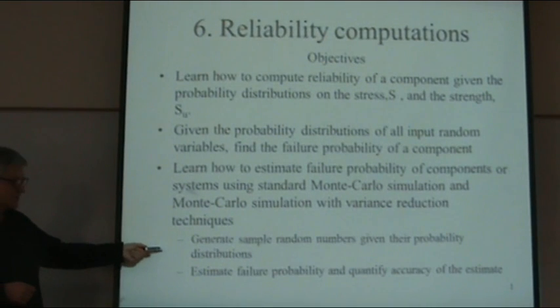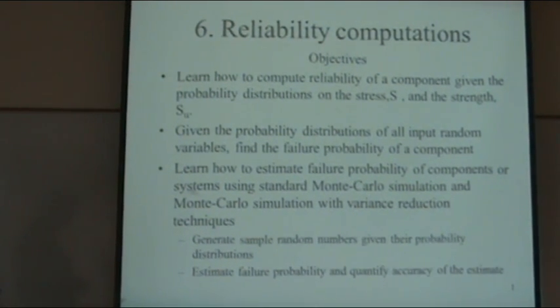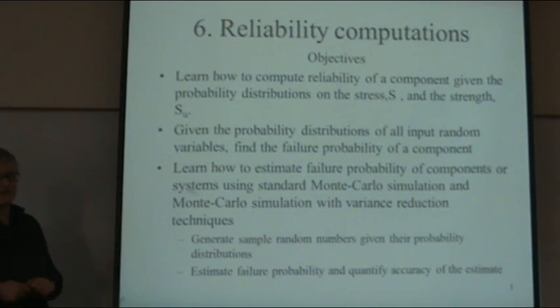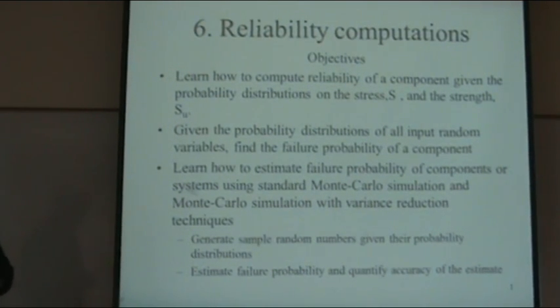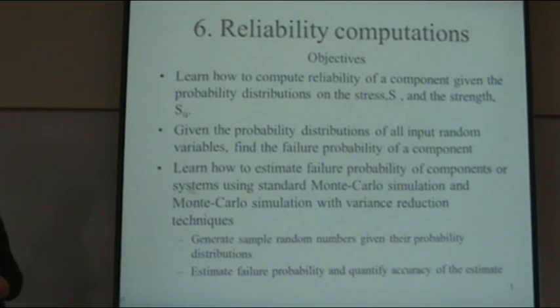When we use Monte Carlo simulation, we need a random number generator that generates random numbers from a given probability distribution. So if you know the probability distribution of the thickness, for example, of a plate, then you draw random numbers from that distribution, and then you use them to calculate the probability of failure.